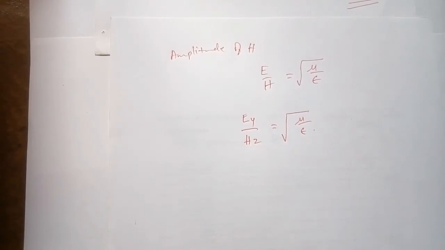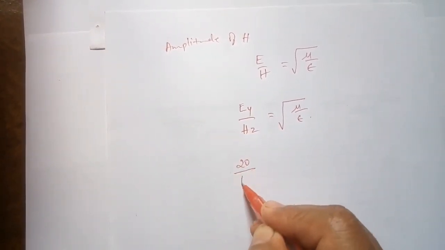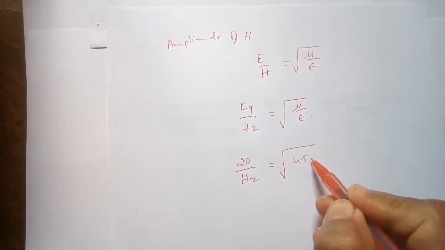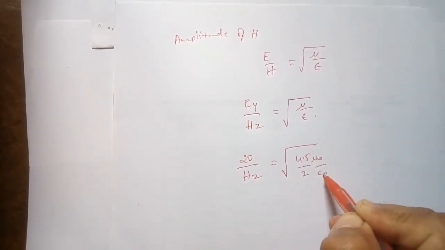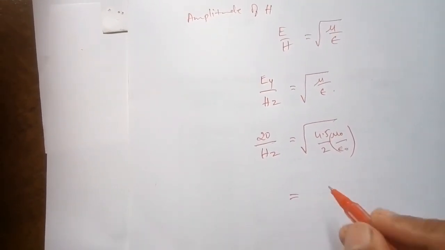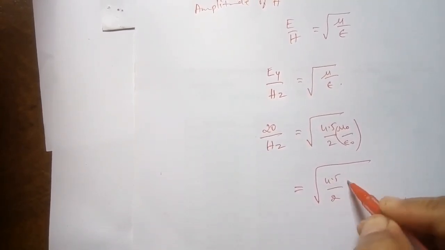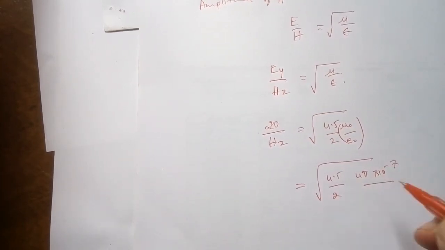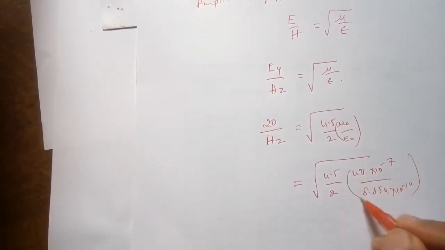So using the data you can calculate this. Ey is already known, that is 20. Hz has to be determined. Root of 4.5 times mu naught divided by twice epsilon naught. So substituting and calculating, root of 4.5 divided by twice, 4 pi into 10 to the power minus 7, divided by 8.854 into 10 to the power minus 10.